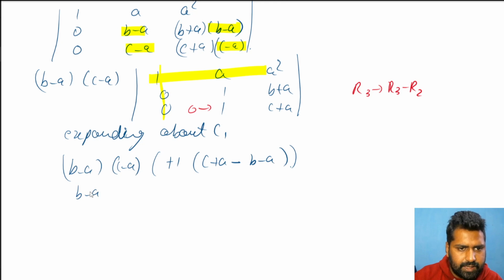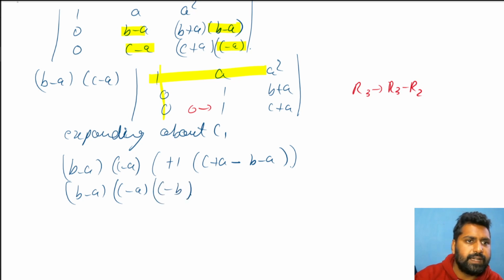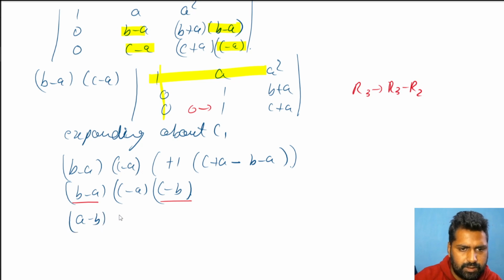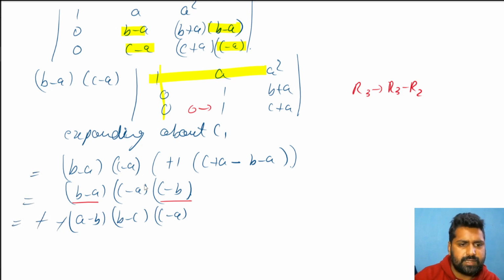So b minus a, c minus a, a will cancel, this is c minus b. If we take negative common from this term and this term, we can write them in order. Two negatives common become positive, so a minus b, b minus c, c minus a. I've taken two negatives common, negative negative will cancel. As simple as that.